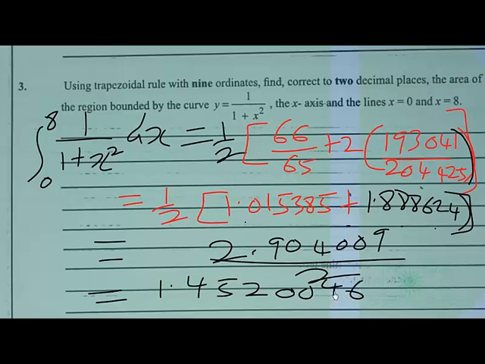So to two decimal places, we get 1.45. So using the trapezoidal rule with 9 ordinates, the integral is 1.45 from x equal 0 to x equal 8.